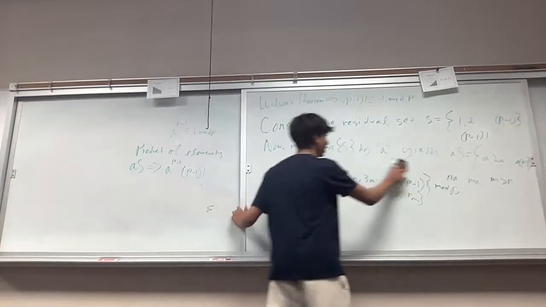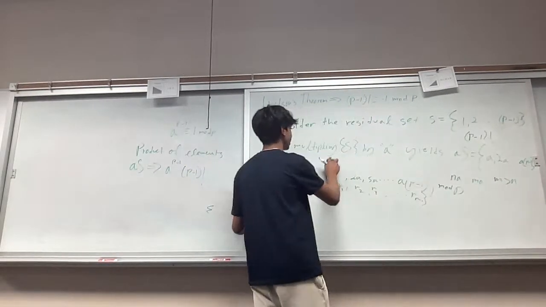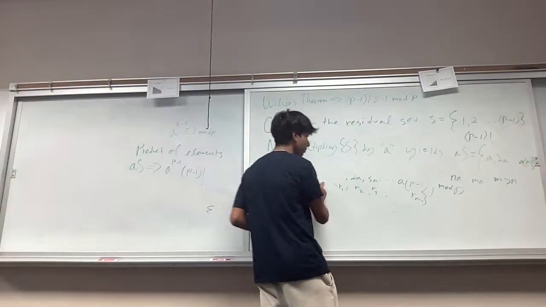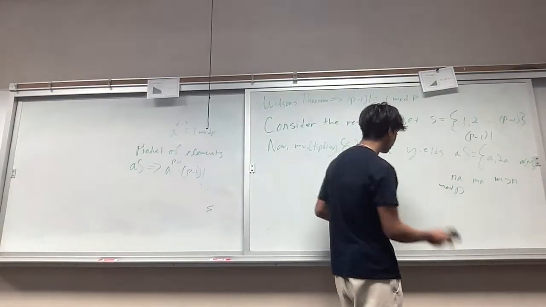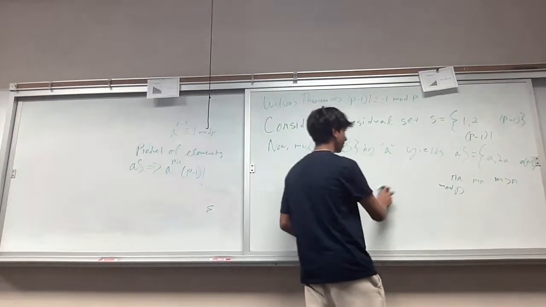Basically, the whole point, in terms of their use case in competition math, is that, again, like last time, getting to 1 on the right side of your congruence is really beneficial.